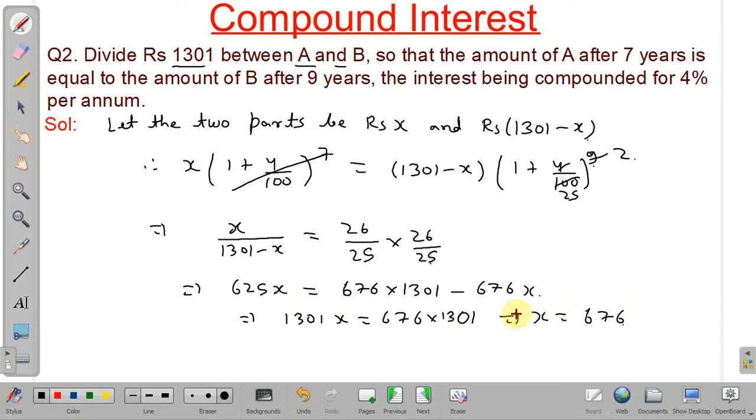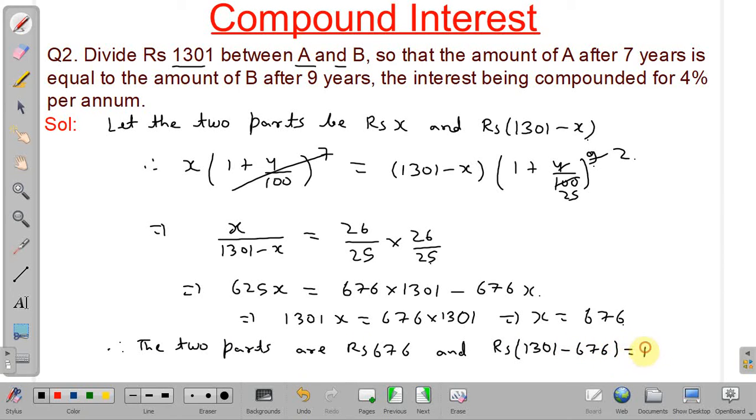Okay, so the two parts are, first part will be rupees 676 and second part will be rupees 1301 minus x, that is 676, and it will be equal to rupees 625. So this is our answer. We will discuss next problem.